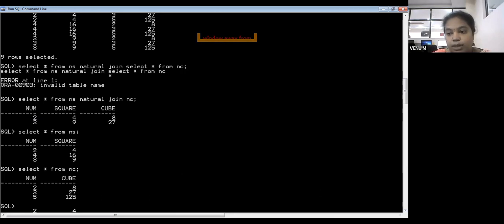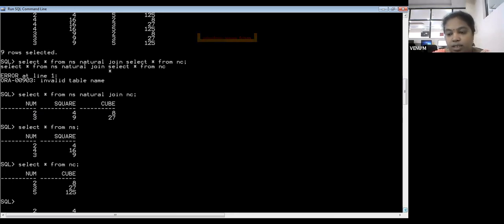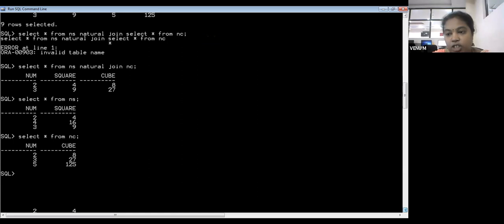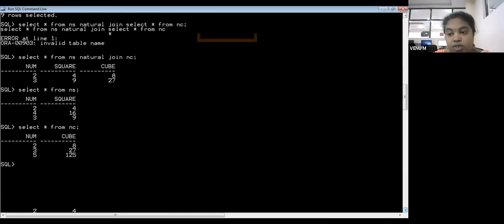So next we have to observe equijoin. Equijoin or theta join is nothing but a join based on a condition, right? So we display the rows based on the condition.